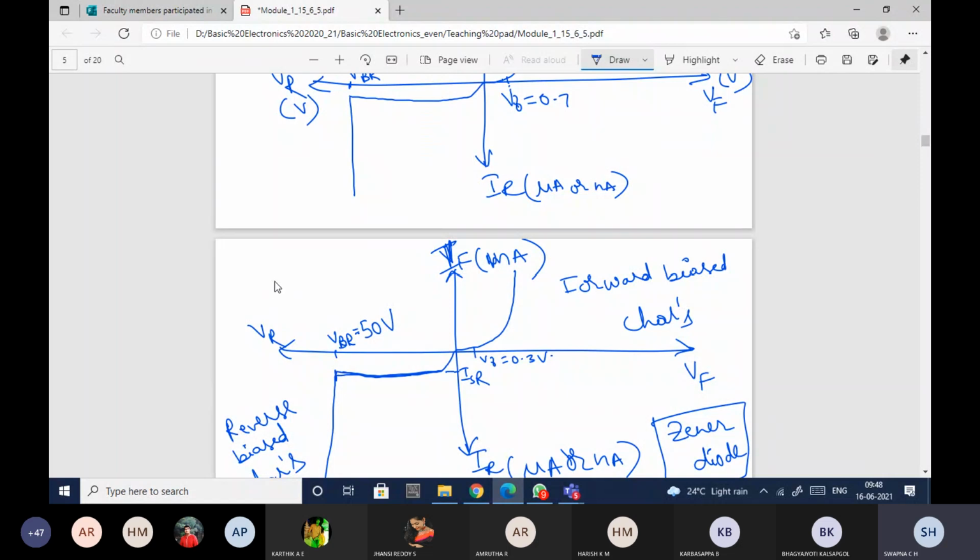I will show you practically, not by connecting a circuit explicitly, but through simulation software. In tomorrow's class, please remind me 10 minutes before, because I may forget in my flow of teaching. So tomorrow I'll show you the VI characteristics.